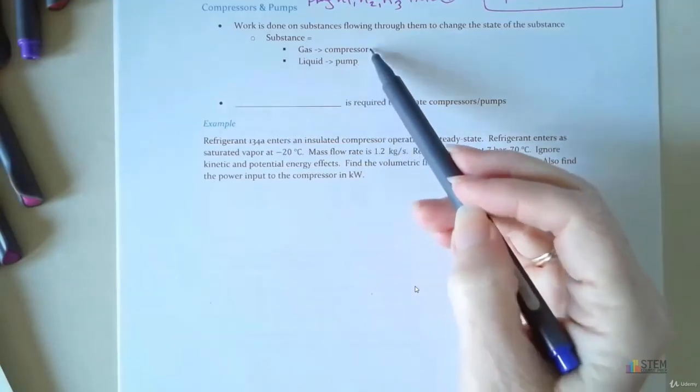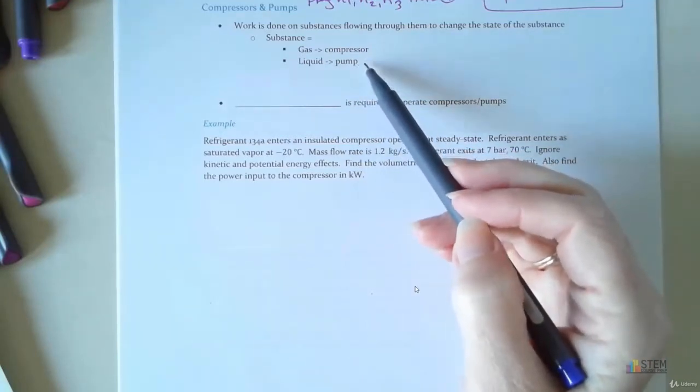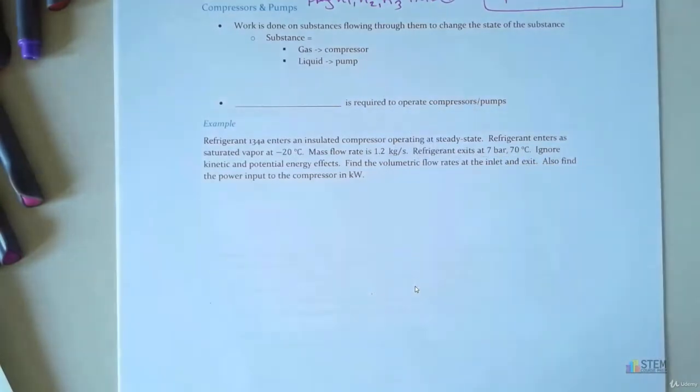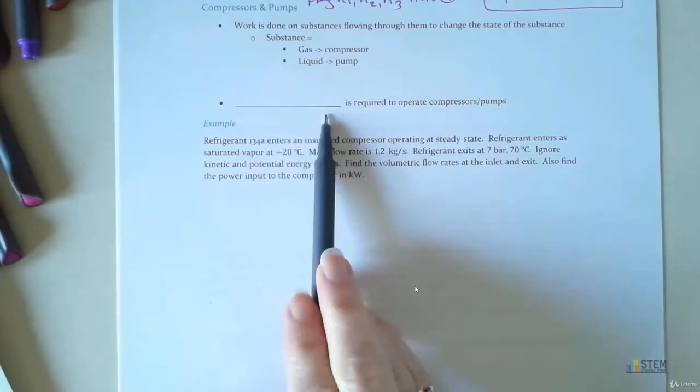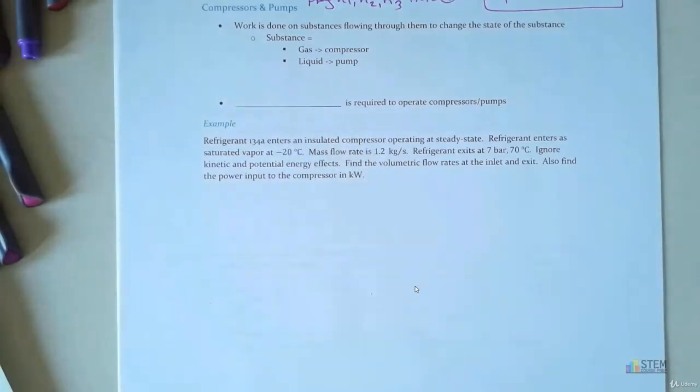If you want to know how compressors and pumps actually work, that will be a different course. We're just going to apply our energy balance equation to compressors and pumps here. If you think about a compressor or a pump, the system itself is not going to be able to change the state of the substance by itself.